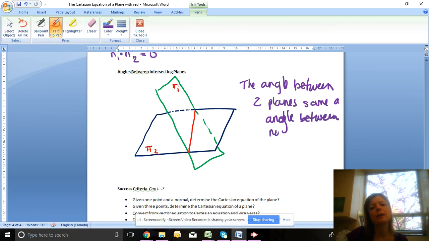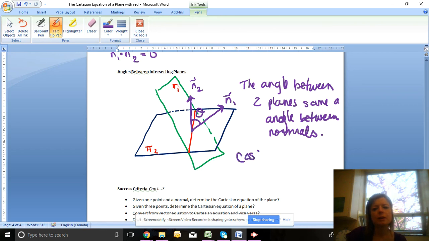So this one would have a normal that looks kind of like this, and this one would have a normal that looks kind of like that. This is the normal for plane 2, this is the normal for plane 1. The angle between them, theta, is the same as the angle between the 2 planes.